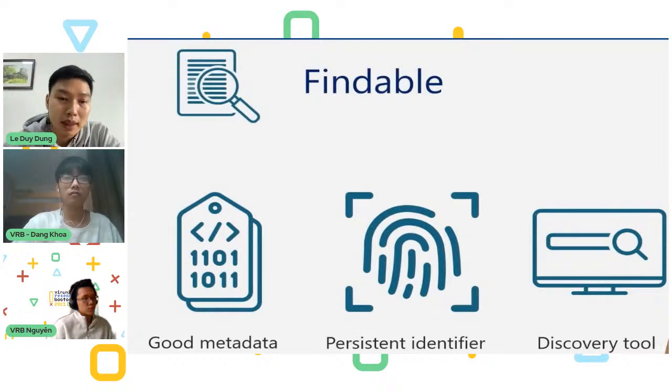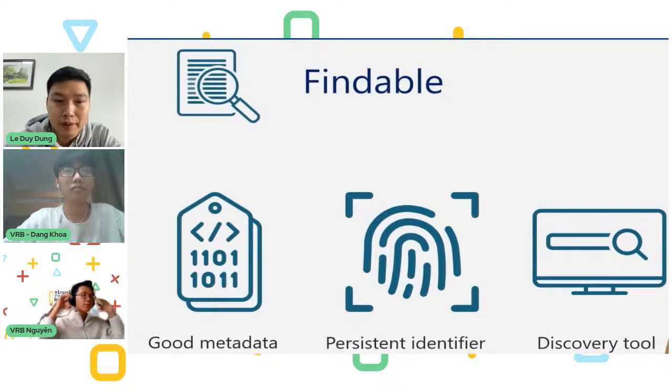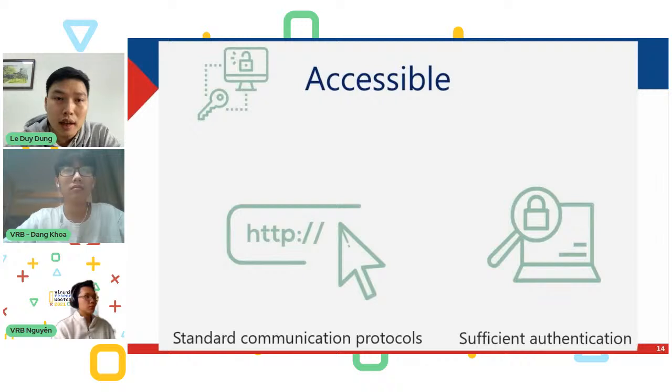If you write good metadata, it could help search engines index your data better, which would provide better access to more people. If you don't have a good description of your data, then maybe Google's search engine might not be able to index it. So that is about findable. You need to make sure that your data is findable.